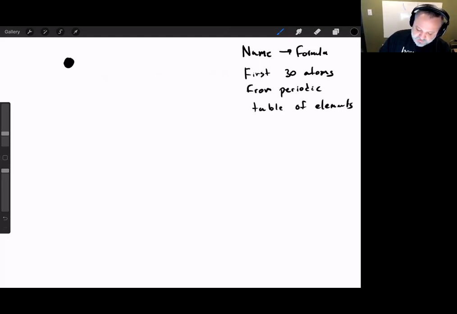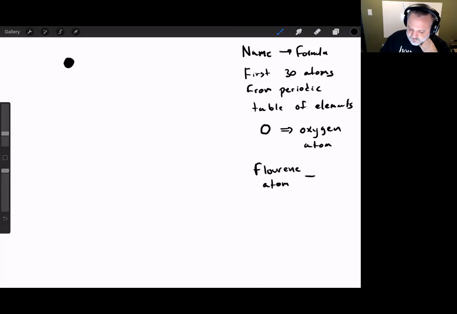And what I mean by that is, if I give you this symbol, then you should be able to say that that's oxygen atom. If I were to give you the phrase fluorine atom, then you should be able to say the symbol for that is F. And so that's what I mean by this memorization.